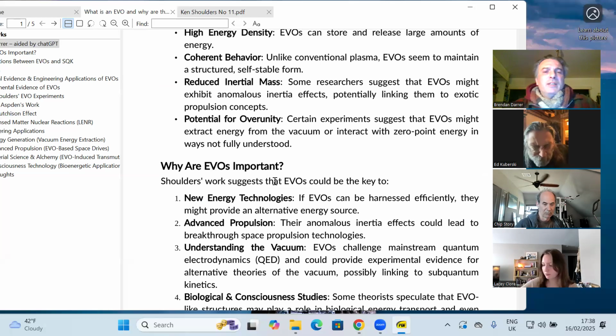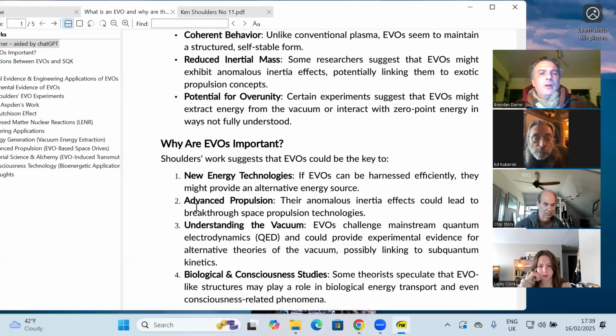Shoulders' work suggests that EVOs could be the key to, one, new energy technologies. If EVOs can be harnessed efficiently, they might provide an alternative energy source. Two, advanced propulsion. Anomalous inertia effects could lead to breakthrough space propulsion technologies. Three, understanding the vacuum.